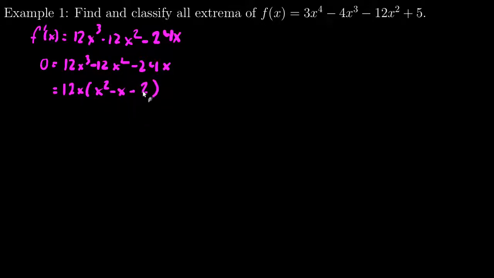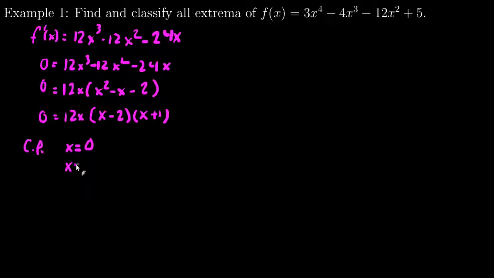This trinomial here factors, so I still have the 12x, and this factors as x minus 2, x plus 1, and so this means I'll have critical points when x equals 0 from this factor, when x equals 2 from this factor, and when x equals -1 from this factor.